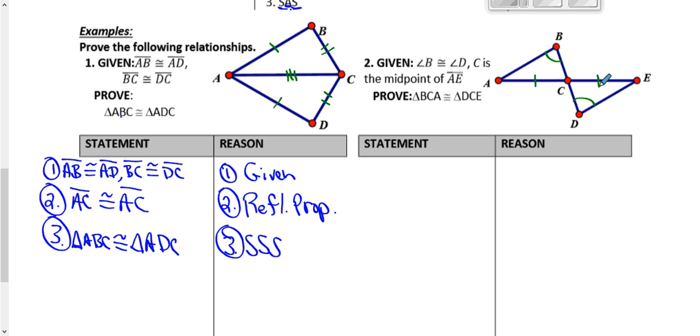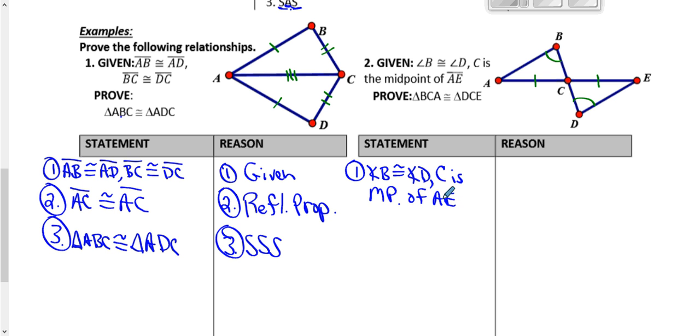I'll go ahead and put the given out there. So you know that's going to happen. 1, angle B is congruent to angle D, and C is midpoint of AE.